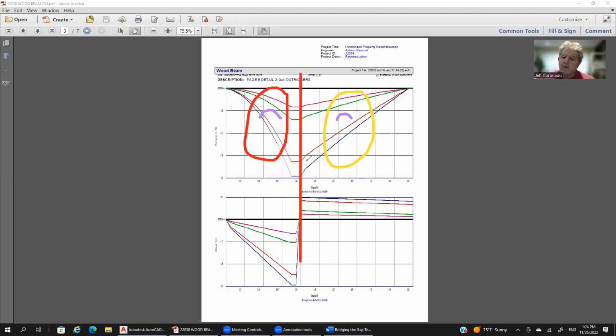This moment diagram never goes positive. Okay, that's the important thing here. The moment diagram is always below the zero line. If this is our zero line here, the moment diagram never goes above. What that tells us is that the compression is always on the bottom side of the outrigger.